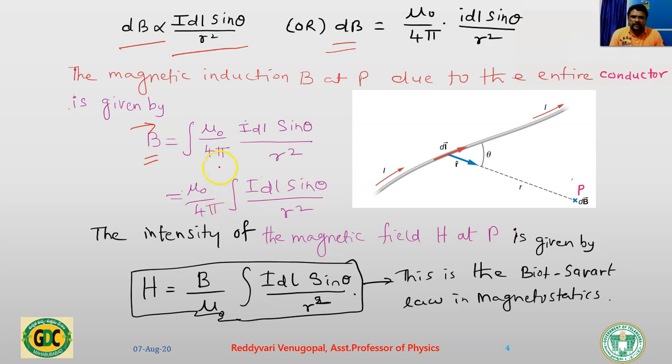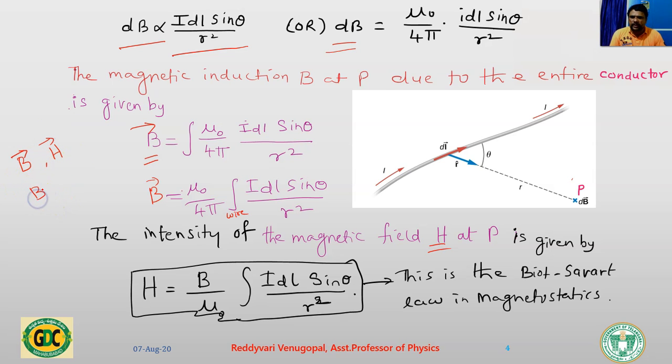So we can write this one: B bar is equal to mu naught by 4 pi integral over the total wire of I dl sin theta divided by r square. Now the intensity of the magnetic field H: if magnetic field induction at point P is B bar and intensity of the magnetic field is H, then there is a relation between these two.